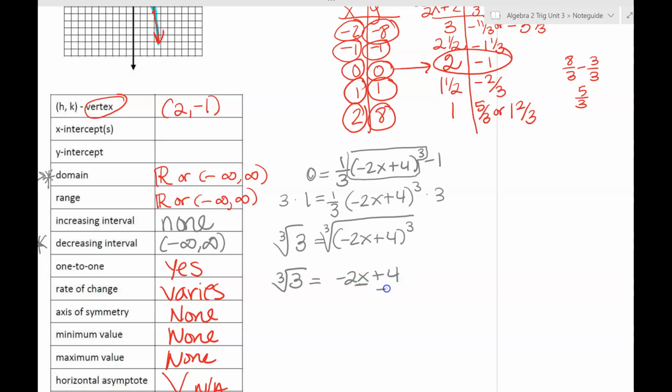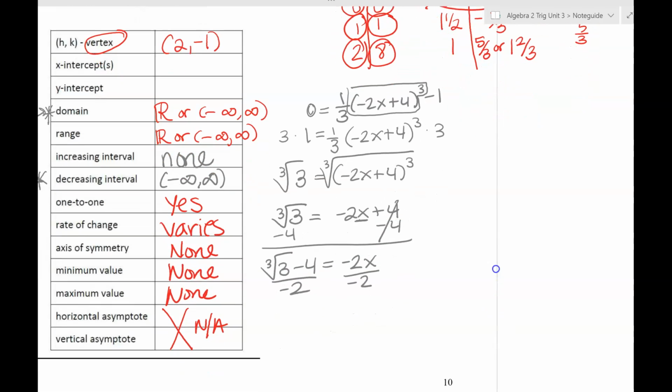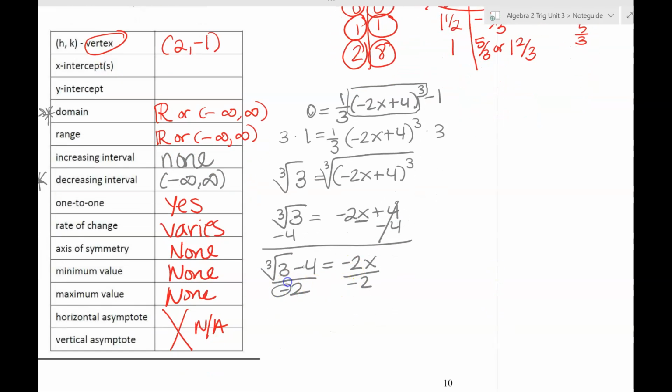And now our job is to isolate x. So I'm going to subtract 4. And then I'm going to divide by negative 2. And this is a little bit nitpicky. You probably won't see them leave the negative here.